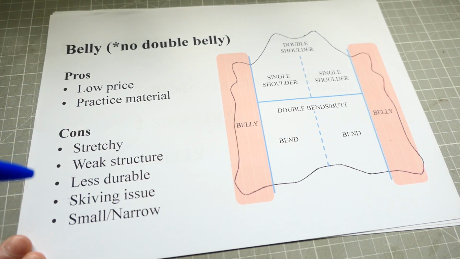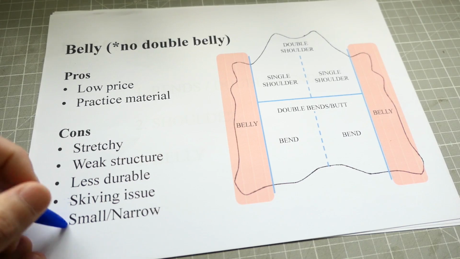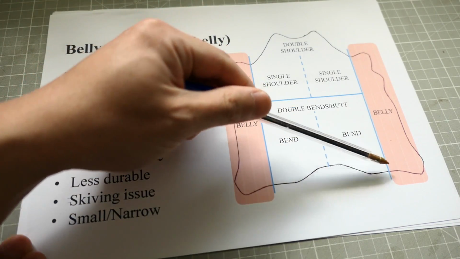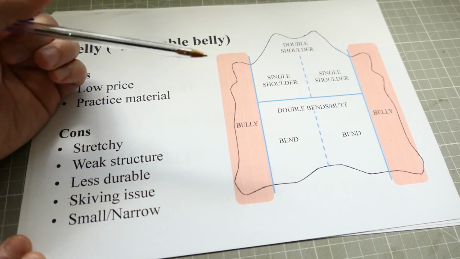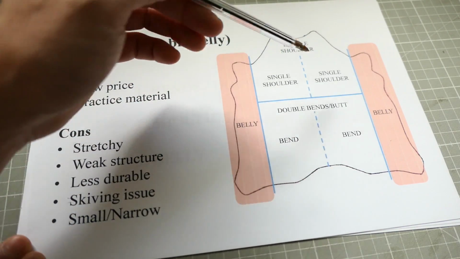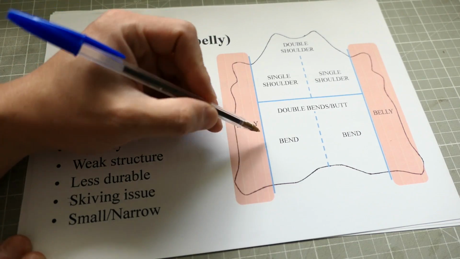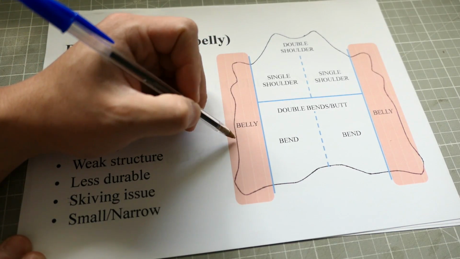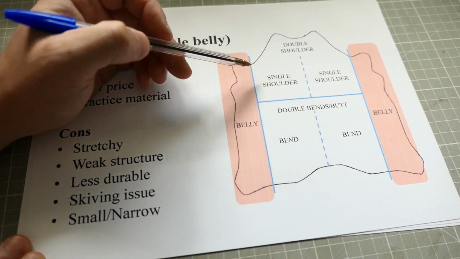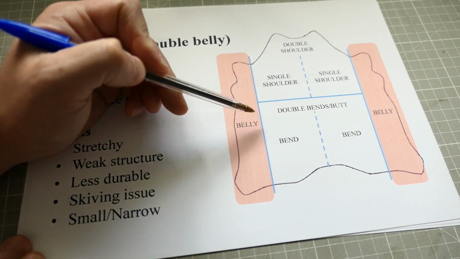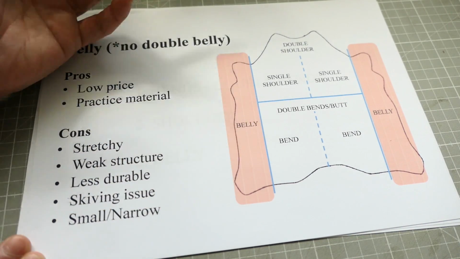The other issue is that it's small and narrow. The other parts of the leather you're looking at are almost square, so you have a fairly large area to work on. For belly, from here to here, it's only about 30 centimeters. So it has a very limited ability to make large leather goods.